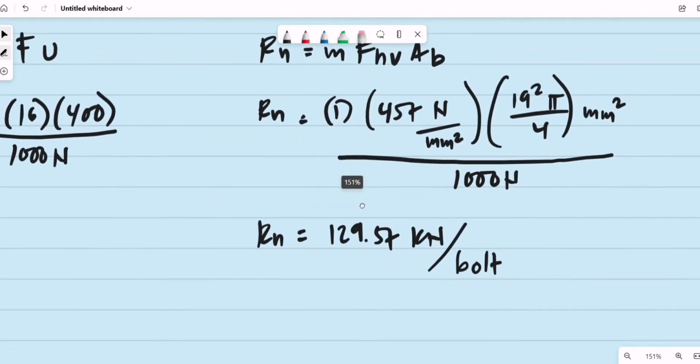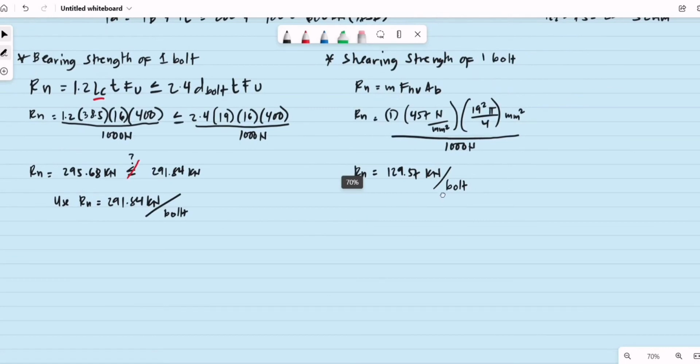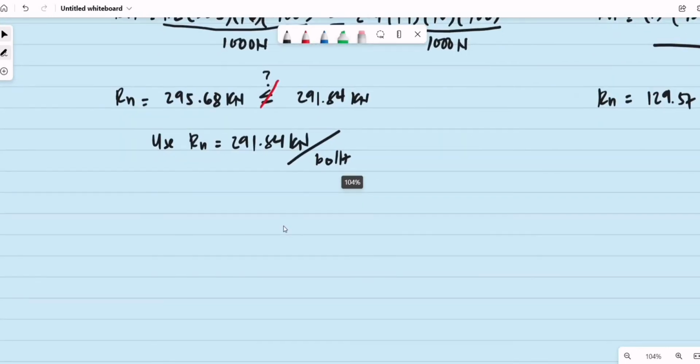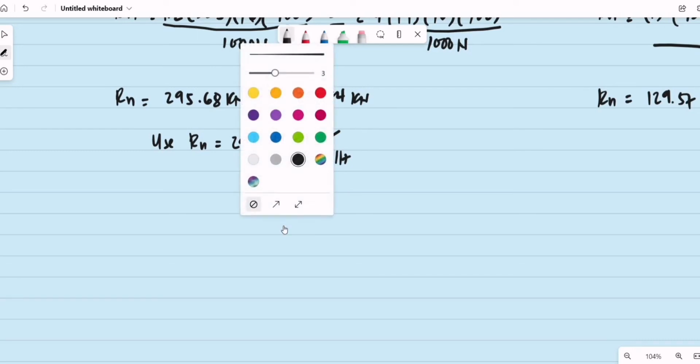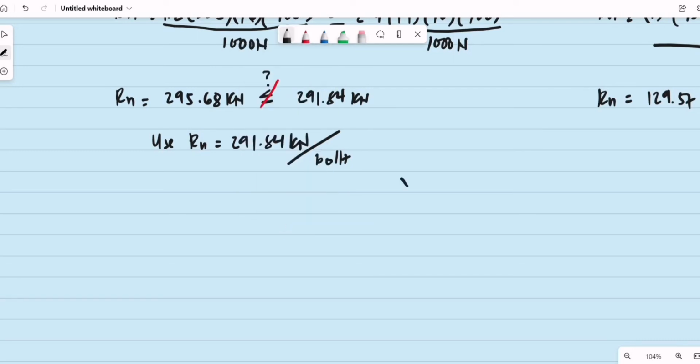Okay, 129.57 kilonewtons. So when it comes to LRFD, for our design, we have phi R sub n equal to the value of P sub u.